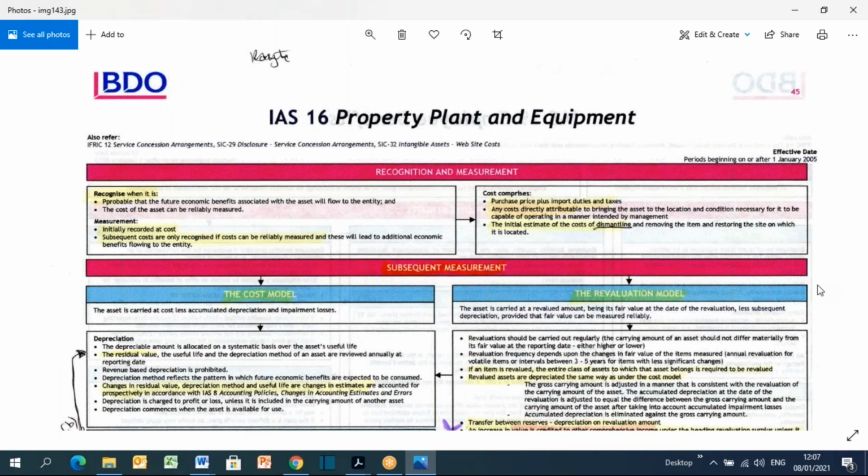Like I said, I would have these in front of me and I would just go through the questions in the kit, and every time I came across a standard, either IAS or IFRS, I would annotate on my notes what question it was, and I would go back and do those questions again where I was not confident, and so on.